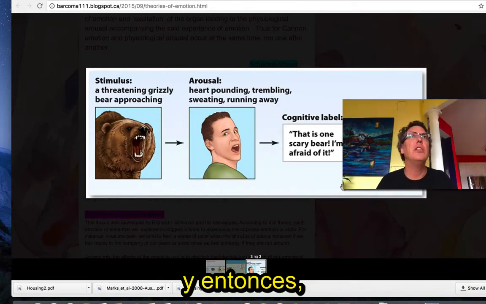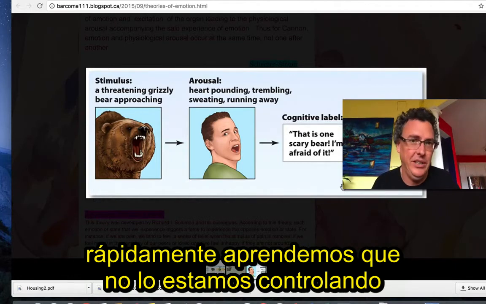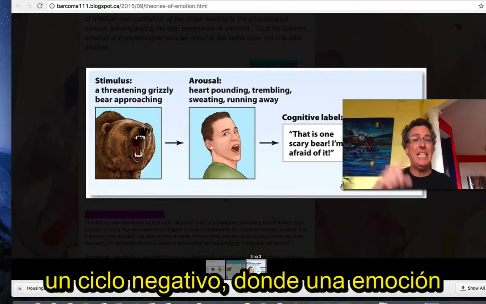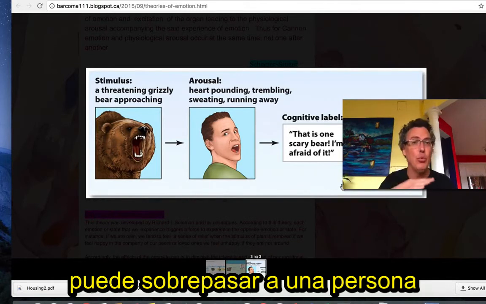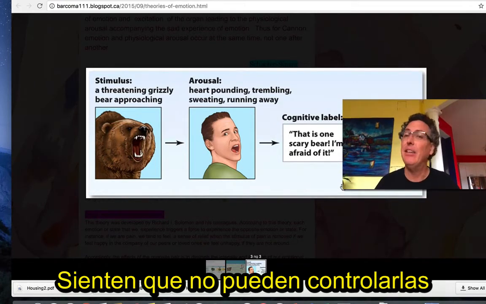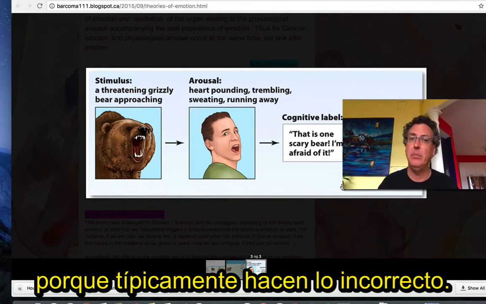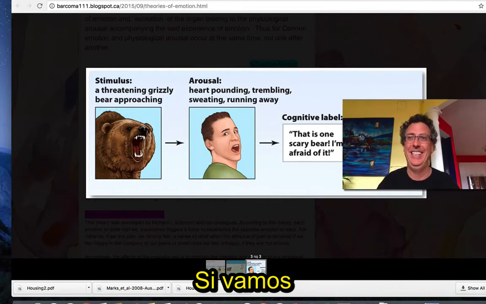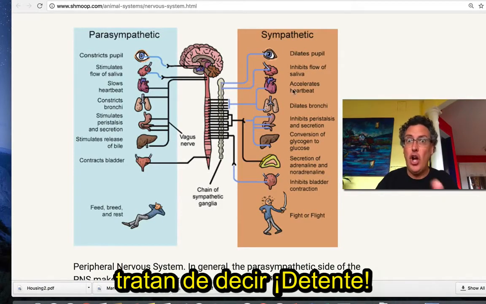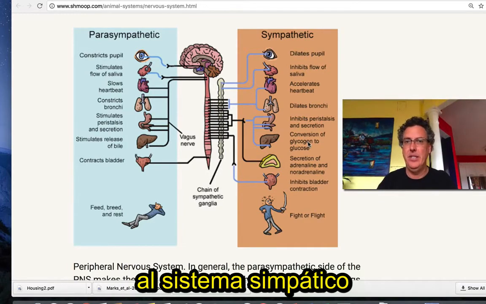And so we quickly learn that we're not controlling it, and that makes it even more scary. There becomes a bit of a negative cycle where an emotion can run away on the person because they feel like they can't control their emotions. They feel like they can't control it because they typically do the wrong thing. If we go back here, they typically try to say, stop the sympathetic system.